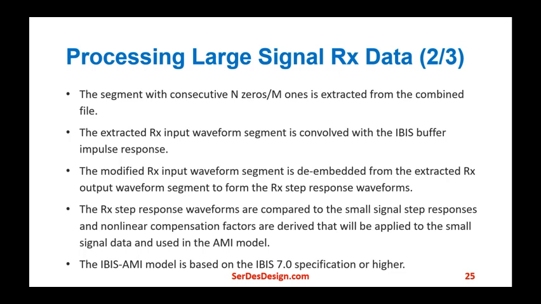These receiver step response waveforms are compared to the small signal responses, and nonlinear compensation factors are derived that will be applied to the small signal data and used in the AMI model. The IBIS-AMI model is based on the IBIS 7.0 specification or higher.